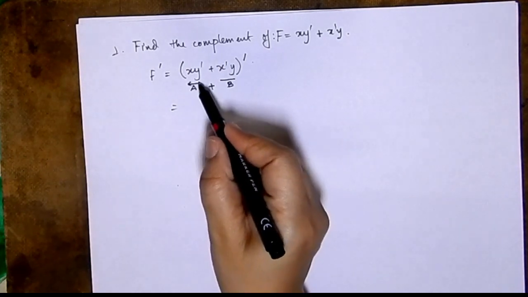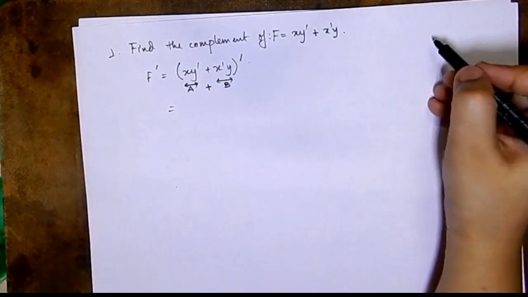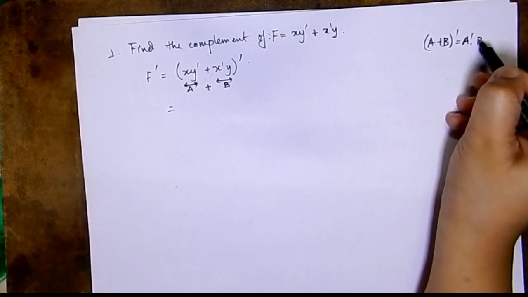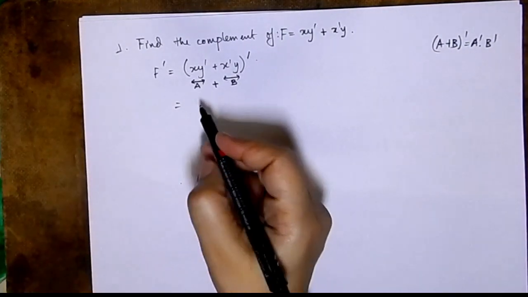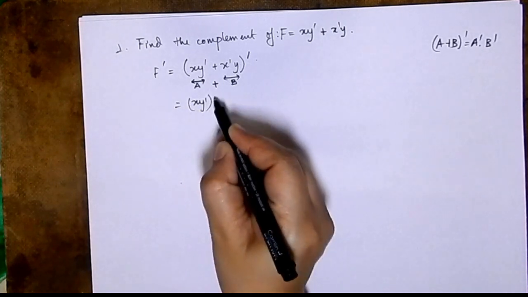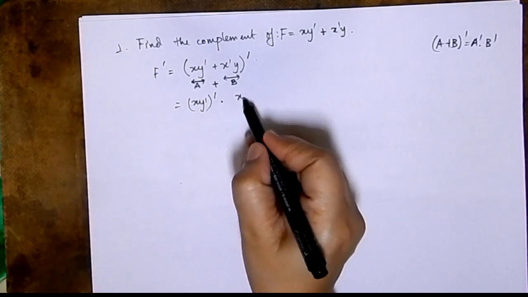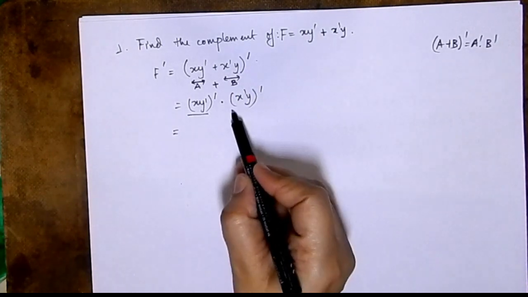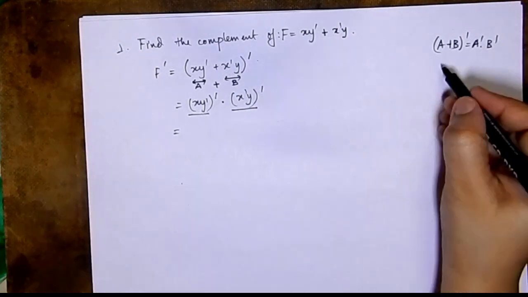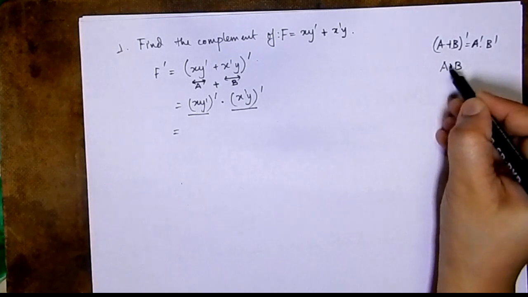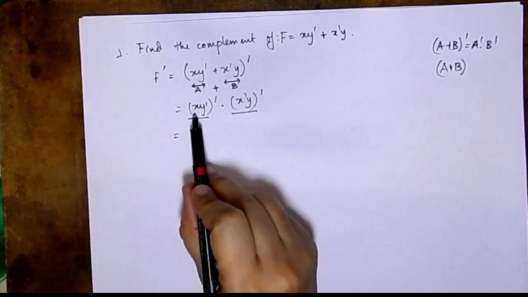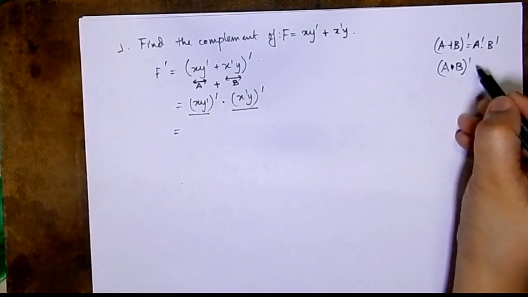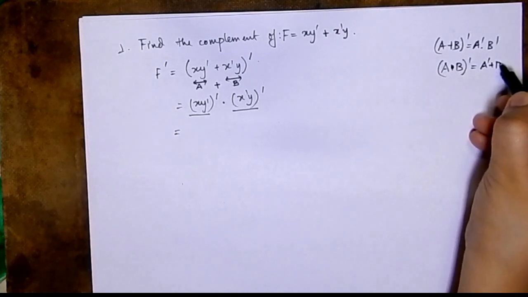(a plus b) whole dashed will be, that means you're using the first law, a dashed into b dashed. So here a is x y dashed, so it should be (x y dashed) whole dashed dot (x dashed y) whole dashed. Now again, if you see these two individual terms, we can use the second law. It is the product of two variables and the complement of that, that is (a dot b) dashed, which is equal to a dashed plus b dashed.